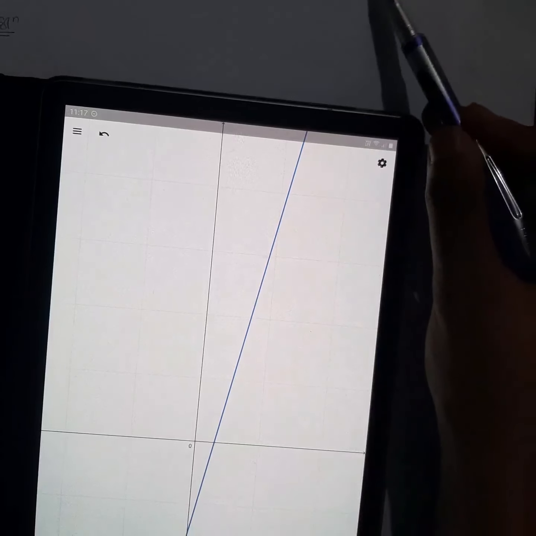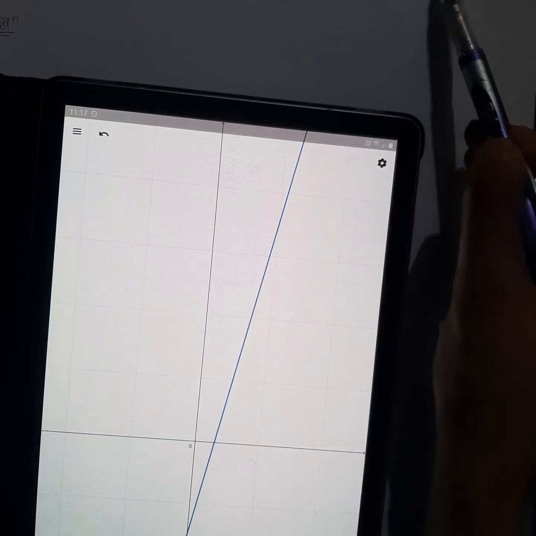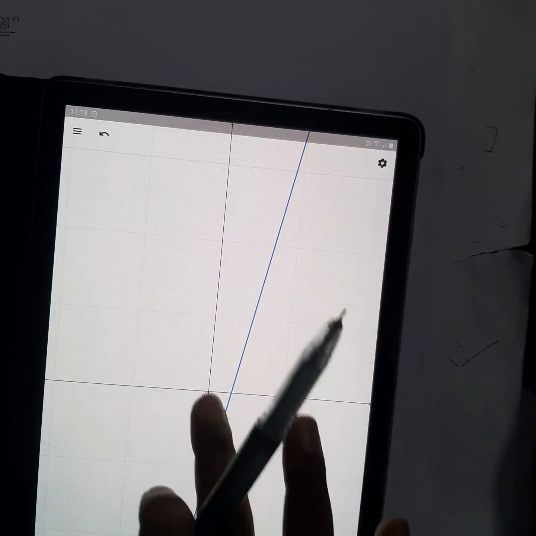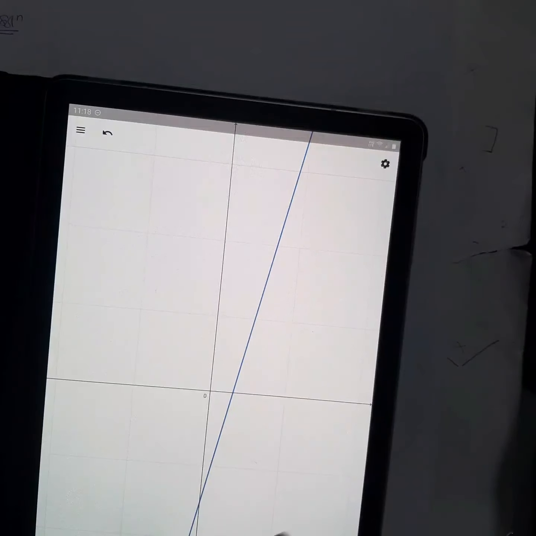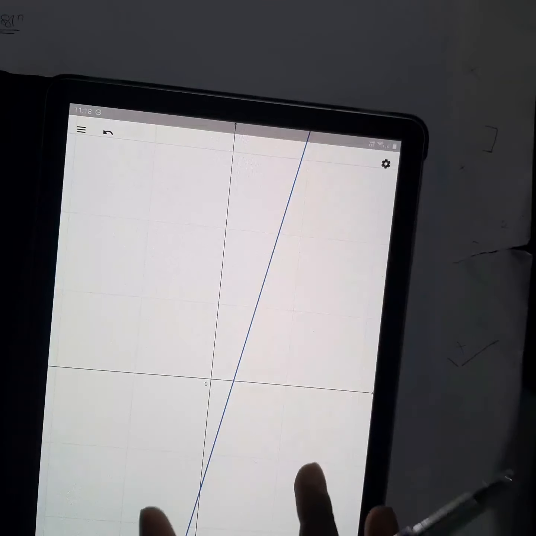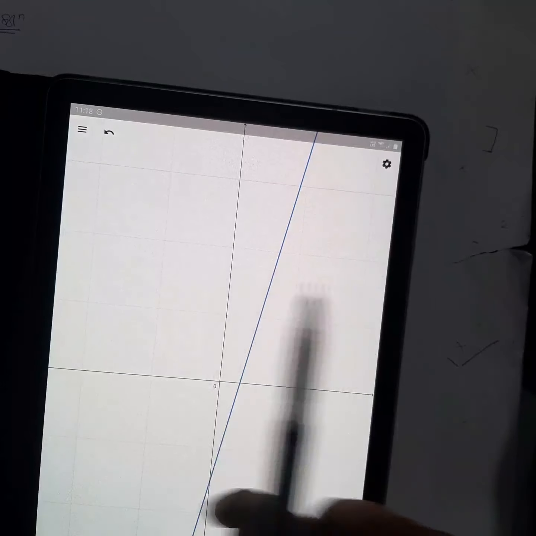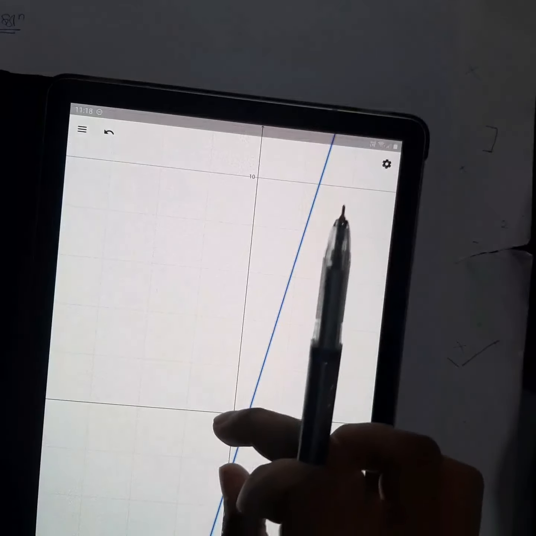Then what will you get? y how much? If I put x as 0, what will be your y? This will be minus 3. I have taken 1 unit to be 10, so you might think it is at the half portion, right? But this is not half portion. I have taken the unit to be 10.